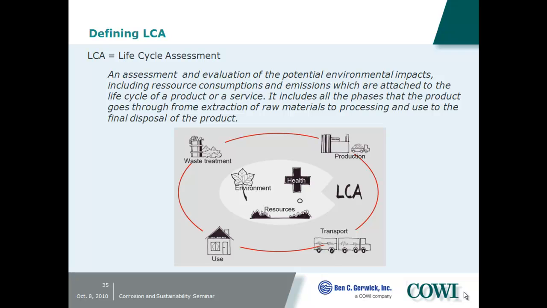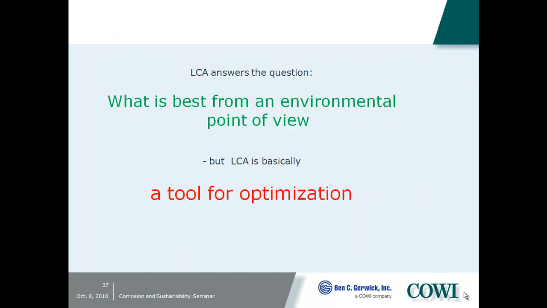It includes all the phases throughout the service life, just as we had with the life cycle costing. Basically, it's a tool for optimization, which is the same as the life cycle costing, and it would lead to getting the right basis for what is best from an environmental point of view.